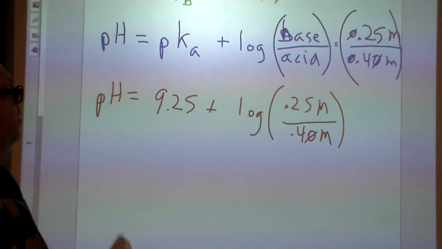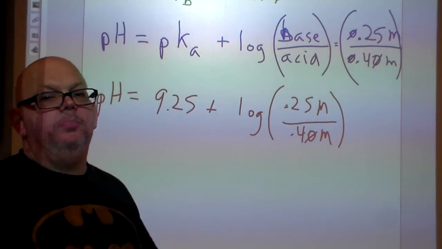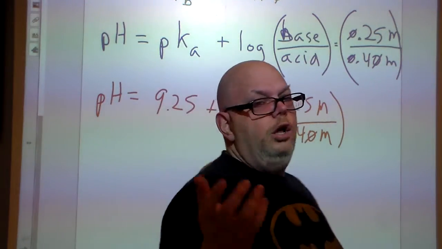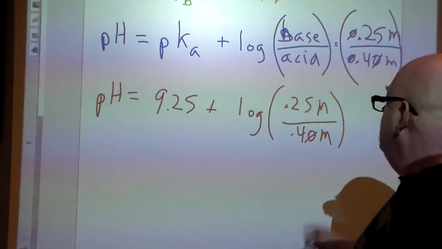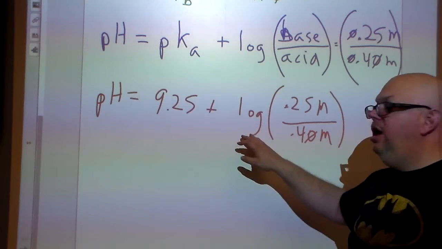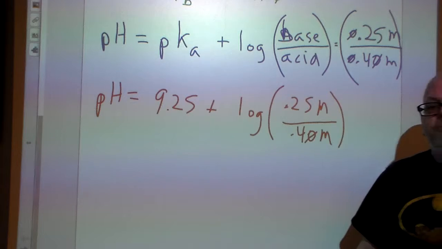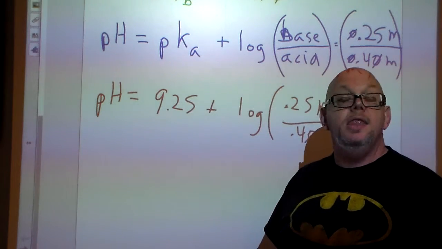Now some of you are sitting there going, wait a minute, didn't we take the negative log of something? Correct, you did. So when you take the log of 0.25 divided by 0.4, guess what it's going to be? A negative number.